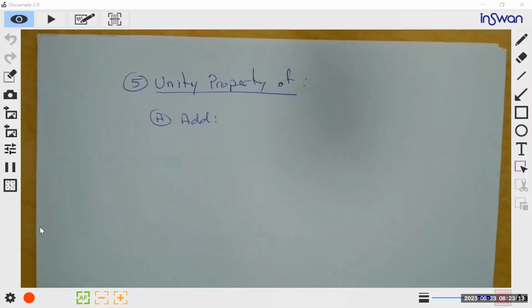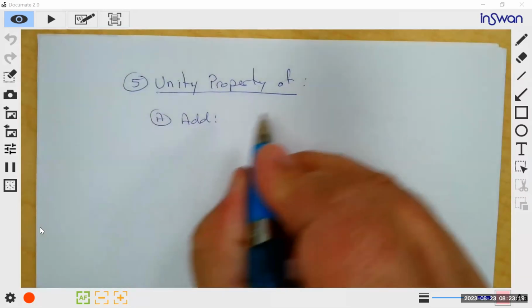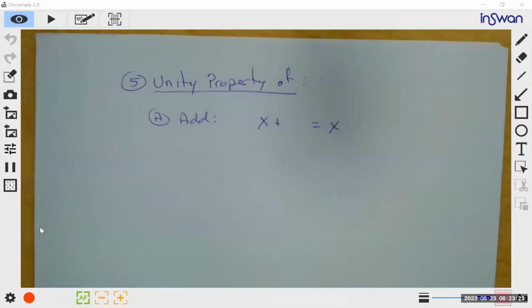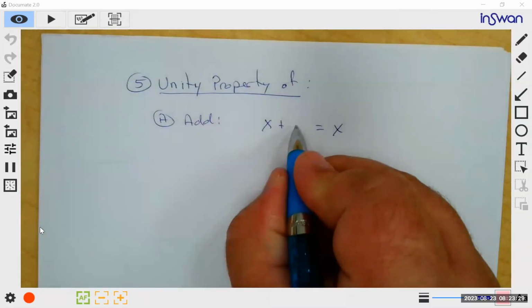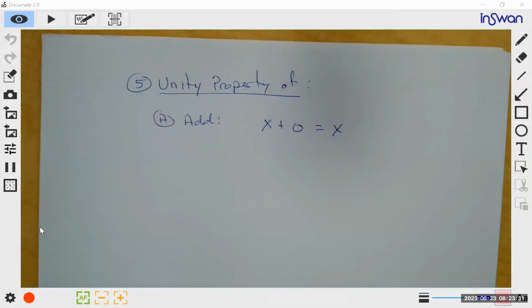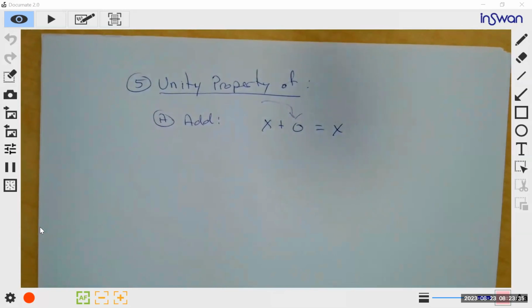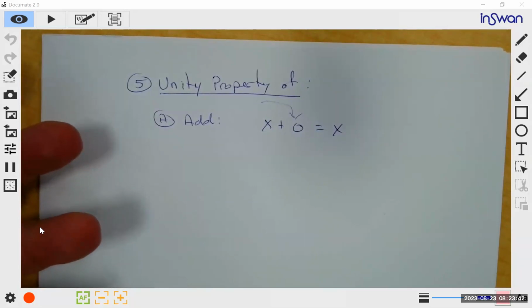How do we keep it to itself? What do we have to multiply or add to something so it stays the same? So what do we have to add to x to keep it as x? Very good. A 0. So the identity, the unity number of addition is 0. Basically, if I add 0 to anything, nothing changes.